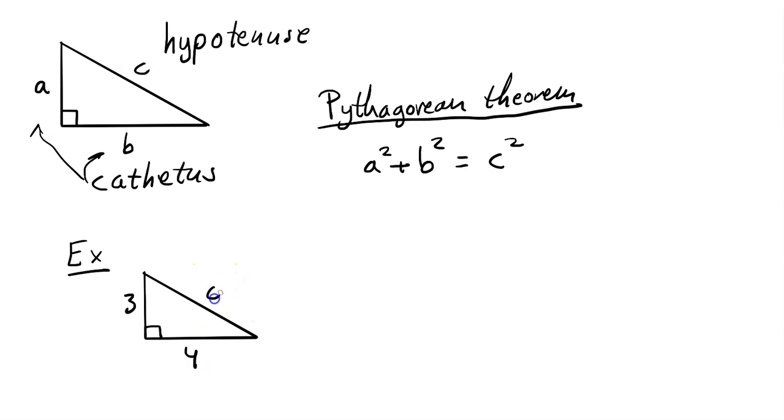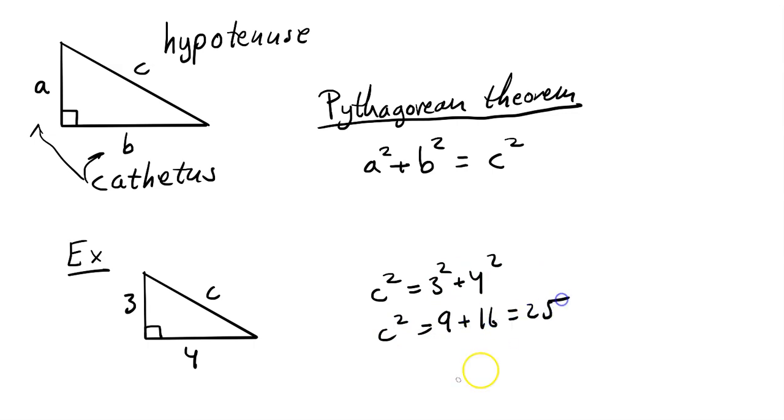Well, let's call it C. According to the Pythagorean theorem, C squared is equal to 3 squared plus 4 squared. So C squared is equal to 9 plus 16, 25. And that means that C is equal to the square root of 25, which is 5. So if we know two of the edges of the right triangle, we can find out the third.